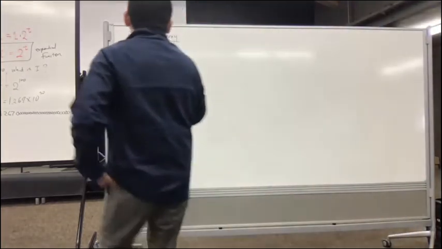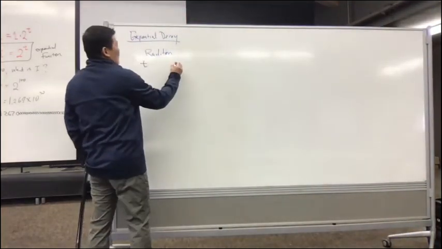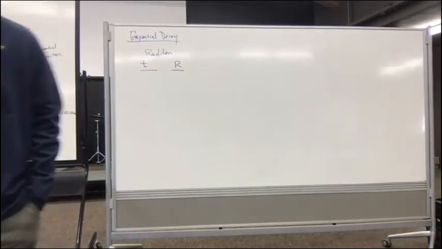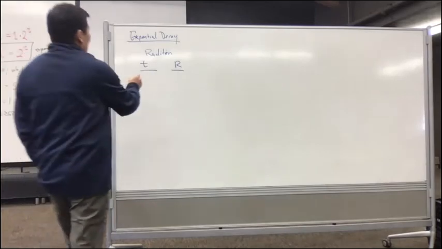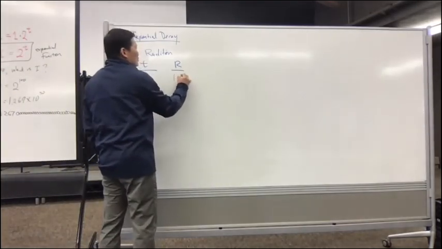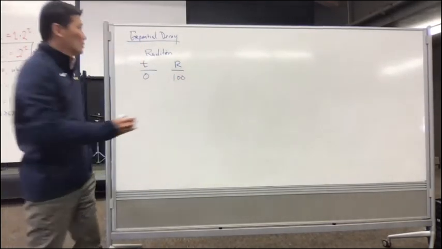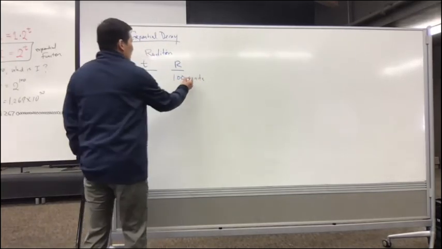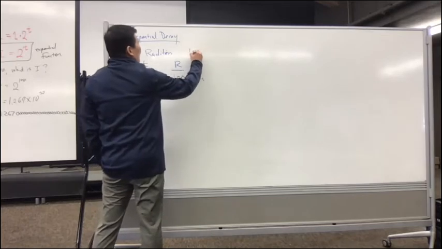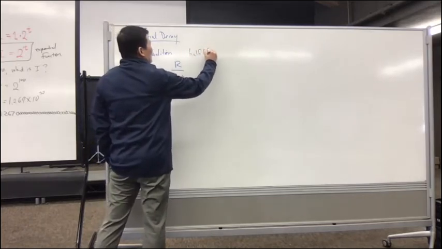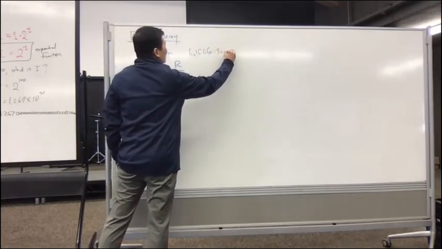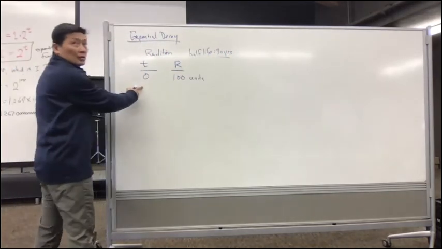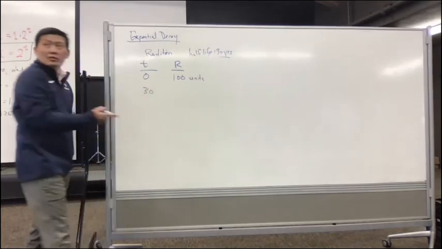So in this case, for example, time and the amount of radiation. Say, for example, at time equal to zero, we have, say, 100 units of radiation. Let's just call it units, whatever that means. So if we say radiation half-life is 30 years, that means the next unit measure is 30 years later.